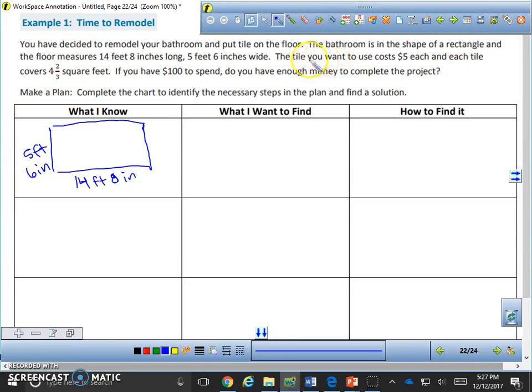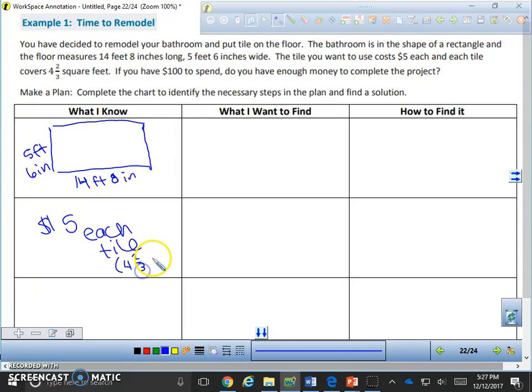We also know that the tile you want to use costs $5 each tile, which covers 4 2/3 square feet. We know that we have $100 to spend, and that's it. That's the only thing we know.